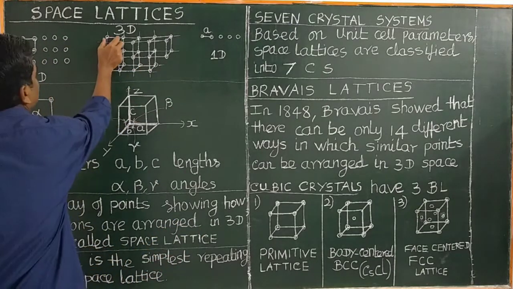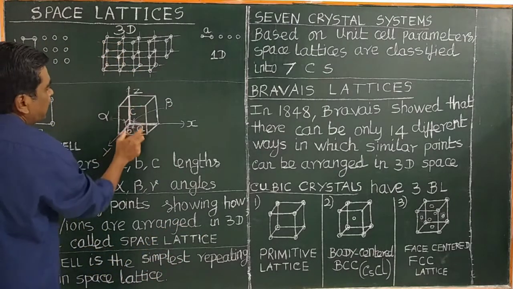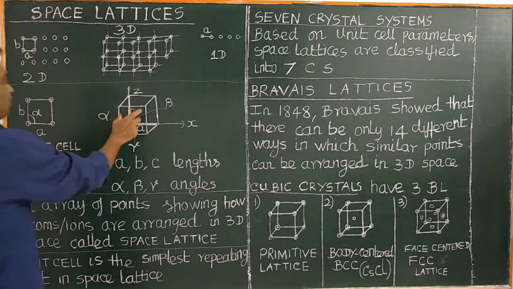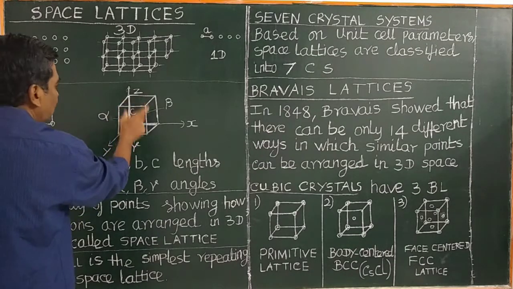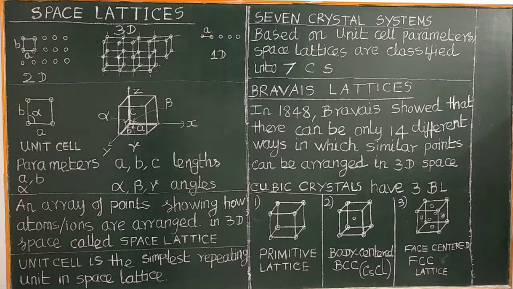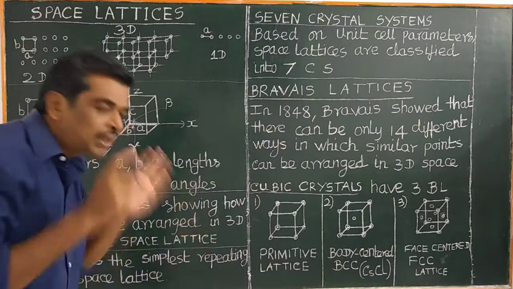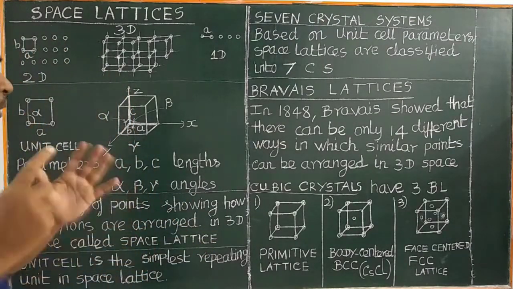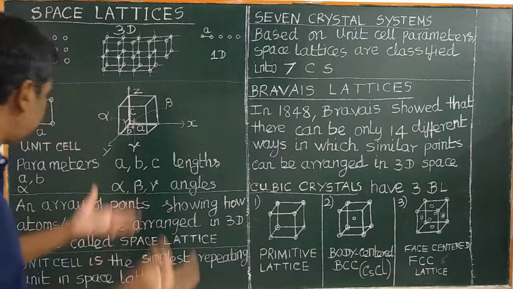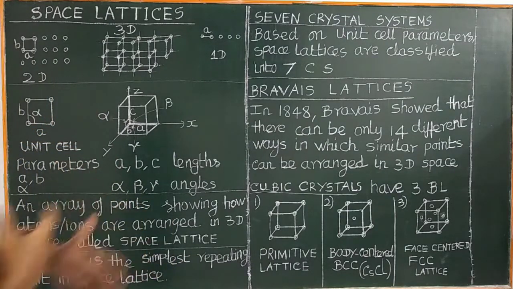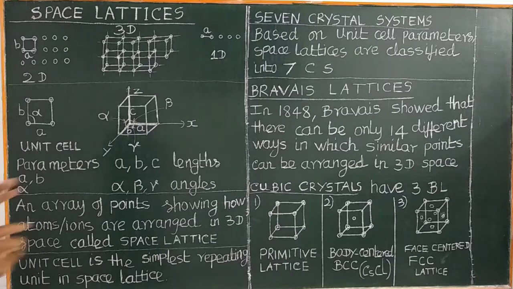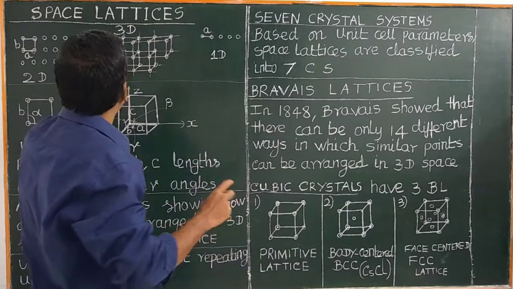In this case, for example, this is the simplest repeating unit, called the unit cell. So what is called a unit cell? The unit cell is the simplest or smallest repeating unit in a space lattice. It is repeated over and over to form a three-dimensional network.